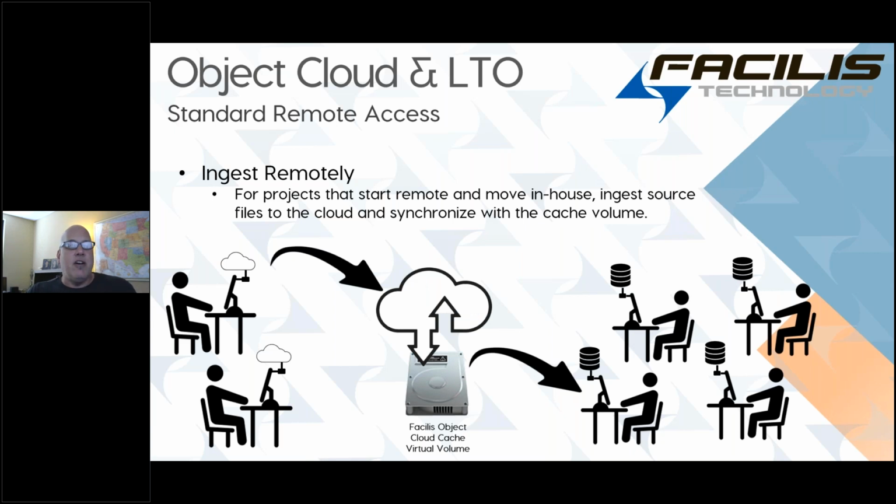Because of the object cloud volume, if you're using Edge Sync, it's going to automatically show up. If you're not using Edge Sync, you're just using the object cloud in general, just the cloud storage, and you have an instance mounted to your desktop, like I'll show you once we get to the demo, you can be uploading files, and then we can do what we call a catalog sync to the object cloud volume and import those folder structures and that directory structure. So that will show up there, and then you can say, okay, I'm going to link to those files, and as you're linking to those files in the facility, it's downloading them from the cloud.